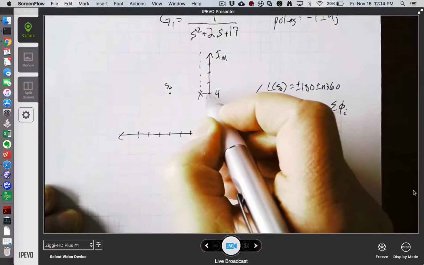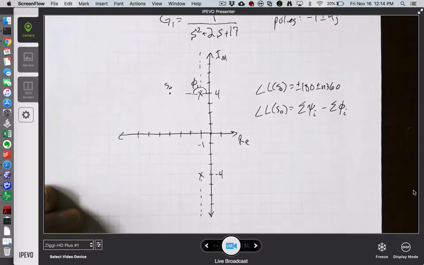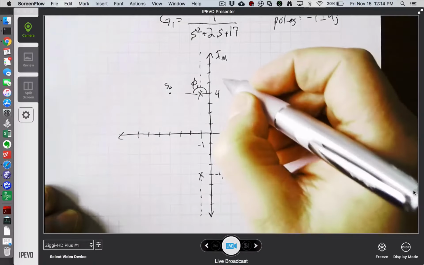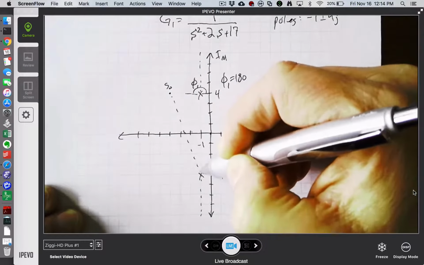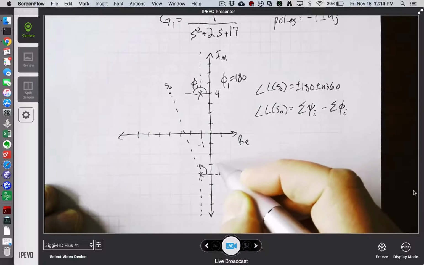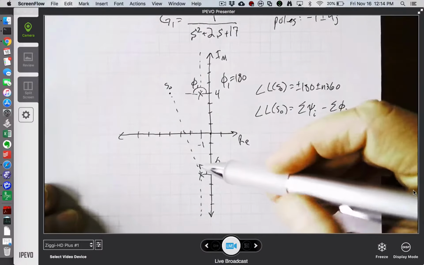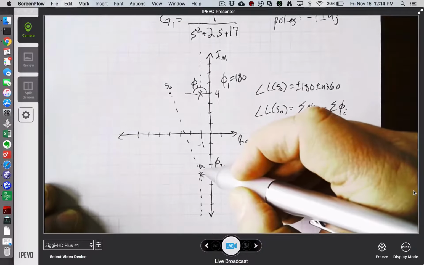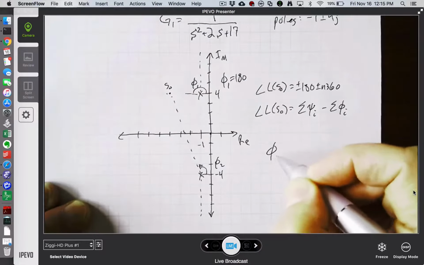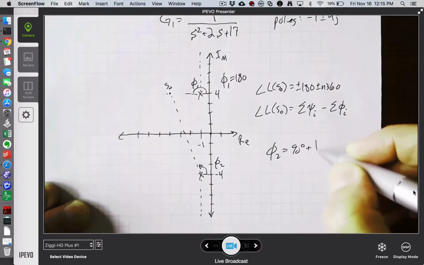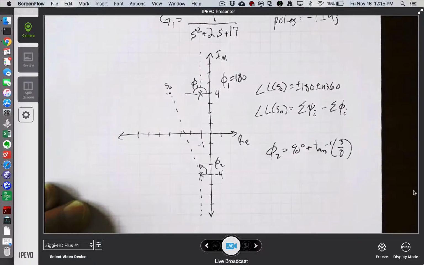So the first thing I would point out is that if I call this phi1, the angle from this top pole, since this is straight over, phi1 is 180 degrees. And then if I also defined a phi2, that is this angle from the bottom pole up to there, a couple of different ways you could get at that, but there's a 90-degree angle here, and then we go up 8 and to the left 3. And so we could say that phi2 was equal to 90 degrees plus the inverse tangent of 3 over 8, for example.